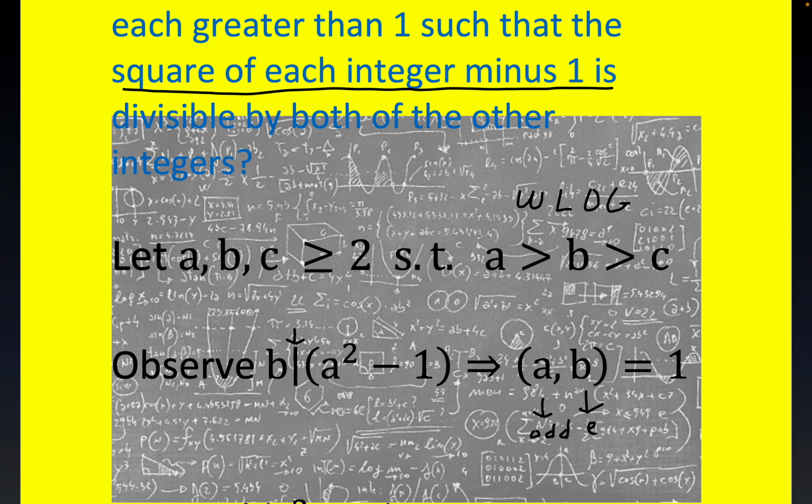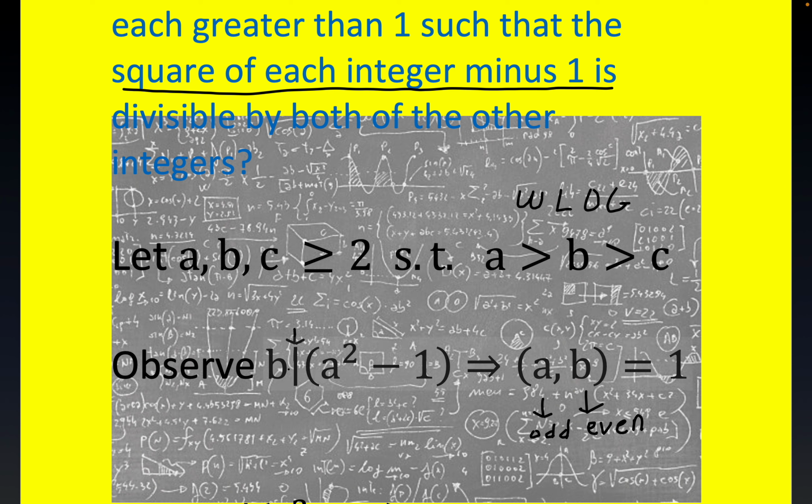Why is that? Well, if you just take a look at this statement, it's fairly clear. Let's say A is odd. If A is odd, A squared is also odd, and if you subtract 1 from an odd number, you get an even number, right? So that means that B has to be even. And so this goes in both directions.